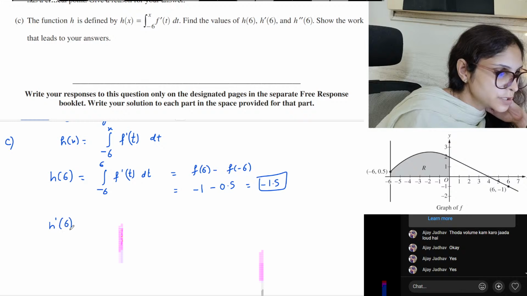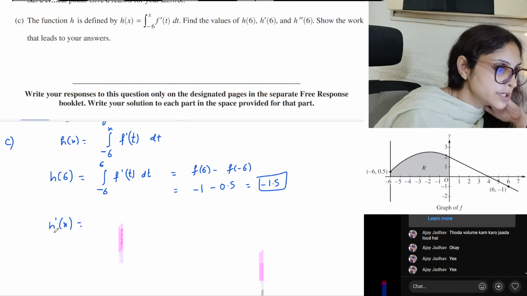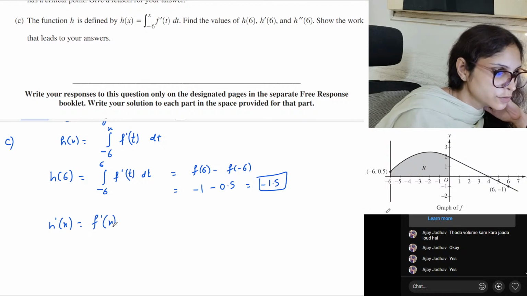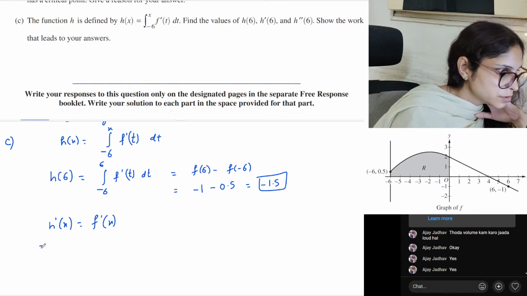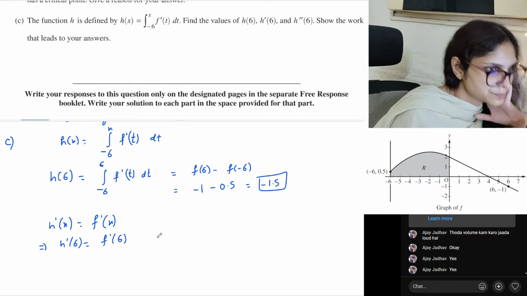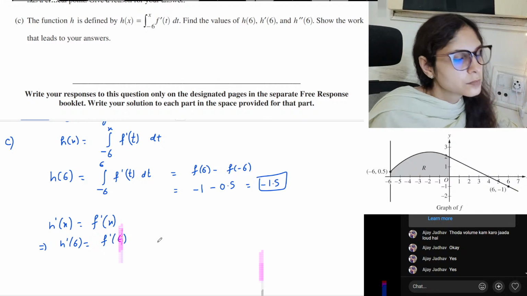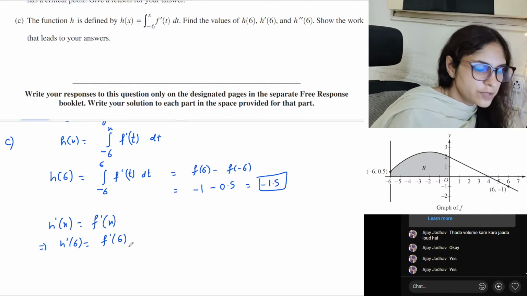Now you have to find h derivative of 6. So before getting h derivative of 6, we'll just see what is h derivative of x. Now h is the integration of f derivative. H derivative is simply going to be f derivative of x. Got it? So from here, h derivative of 6 is going to be f derivative of 6. So now we have to find f derivative of 6.